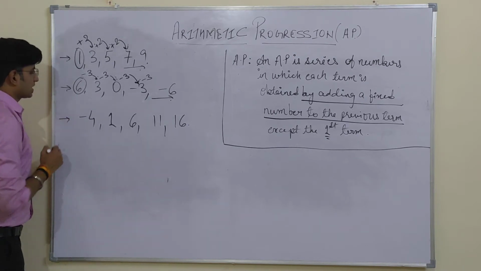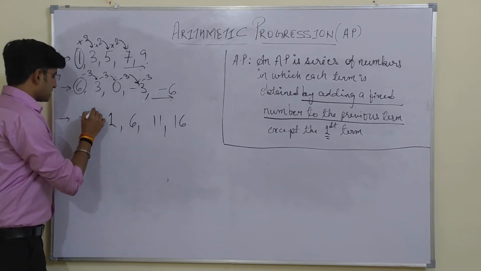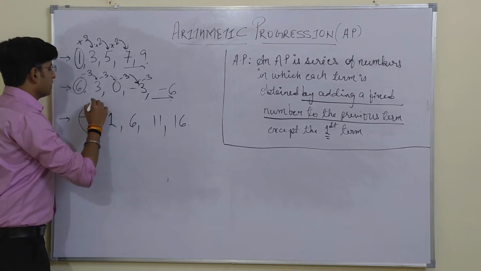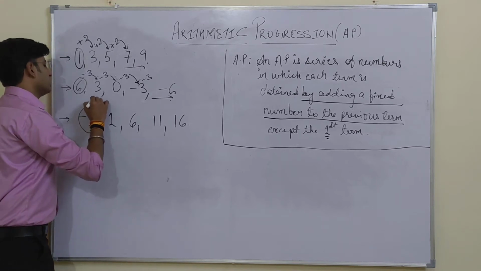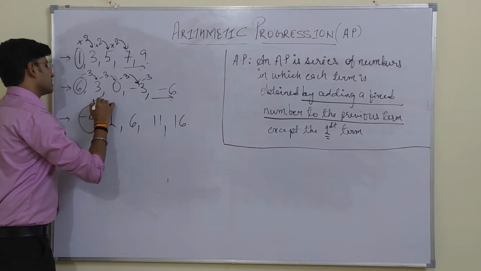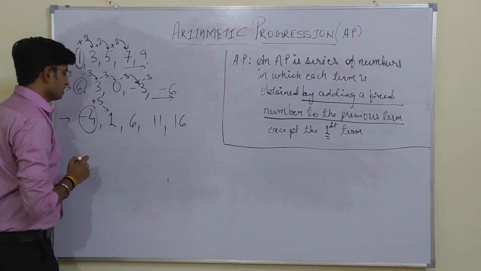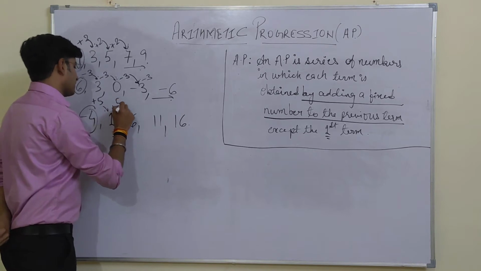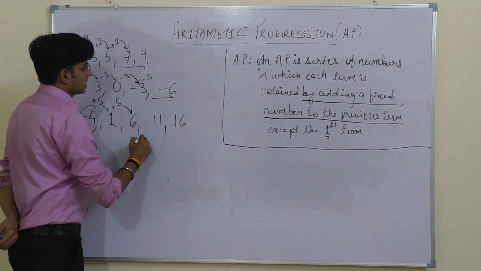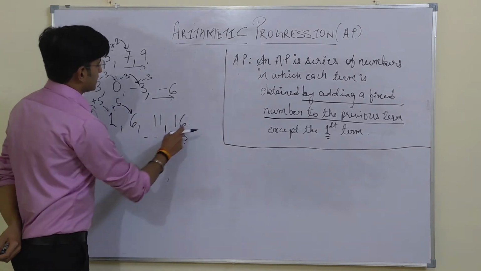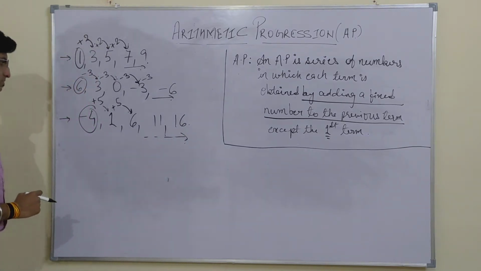Let's focus on the last one. It starts with minus 4. If we add plus 5 to minus 4, we'll get 1. Again if we add plus 5 to it, we'll get 6 and so on and so forth. Our sequence is generated.